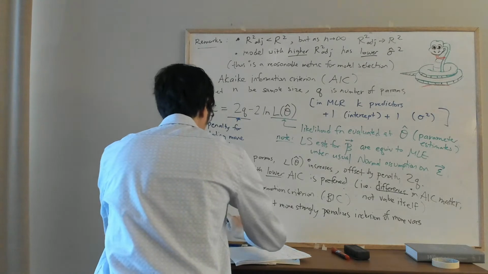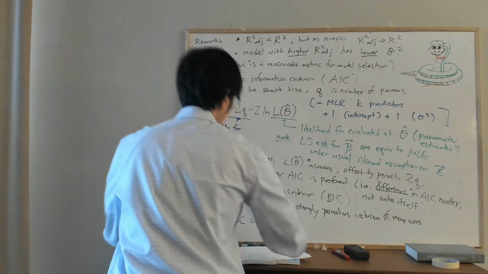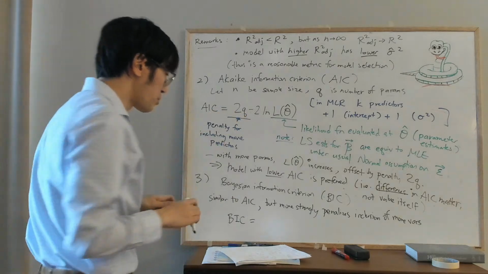And so the BIC formula: here you have 2 times q in the AIC.